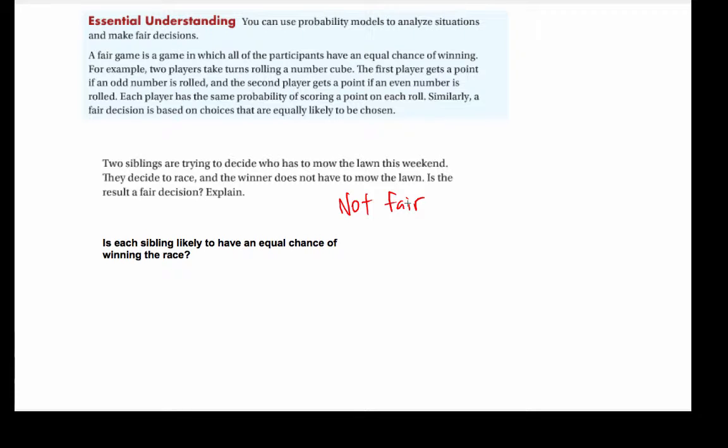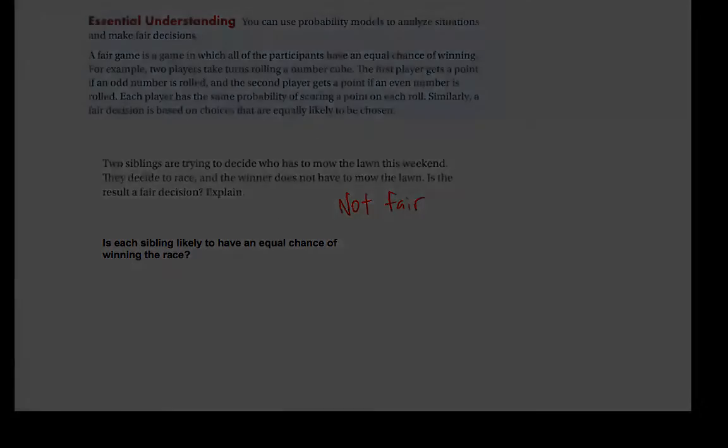So is each sibling likely to have an equal chance of winning the race? Not unless what I just said. Unless they both have the same athletic ability, same running speed, that's not the case here. So we would say it's not fair.